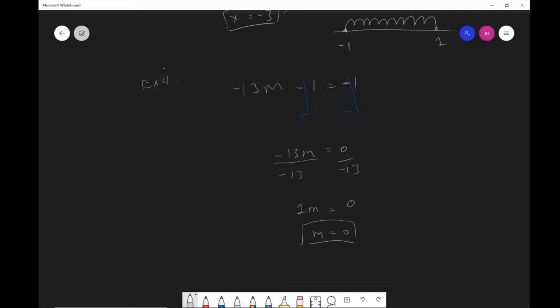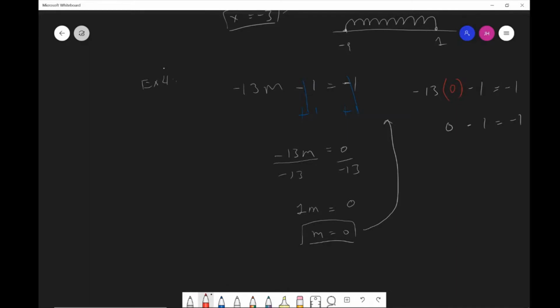If you want, check it for yourself. Negative 13 times m, what we found m to be, that's 0, minus 1 equal to negative 1. Let's see if that's true or not. Negative 13 times 0 is also 0, minus 1 equal to negative 1.